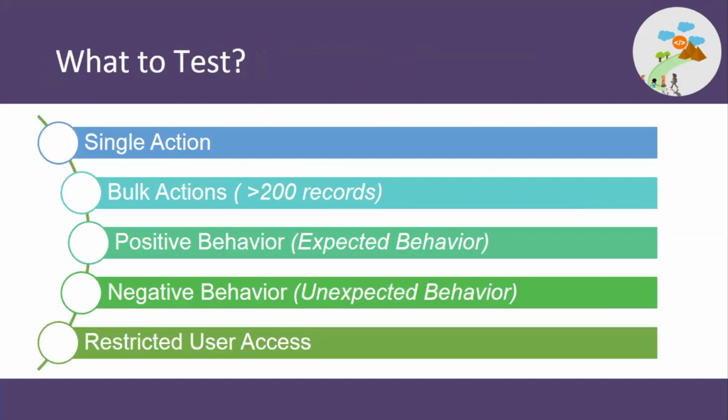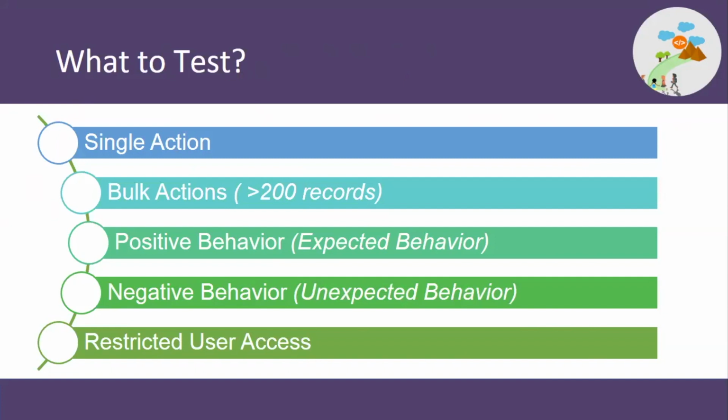Now, one, we understand what test code coverage is. Second, we also understand what we should be testing when we are writing unit tests. There are very specific things that we should be testing as a part of our Apex unit tests.